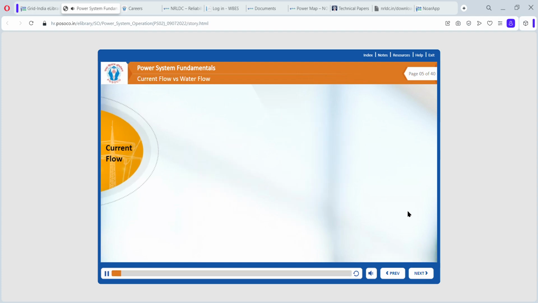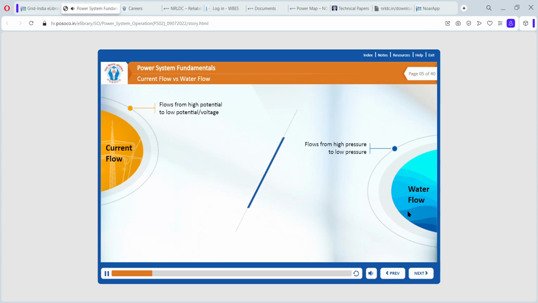Now, let's see how the flow of electricity is similar to the water flow. Potential difference between two nodes determines current flow, and water flow is determined by pressure between 2 points. However, both flow from high to low only.